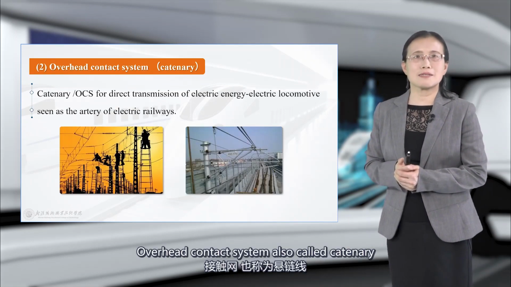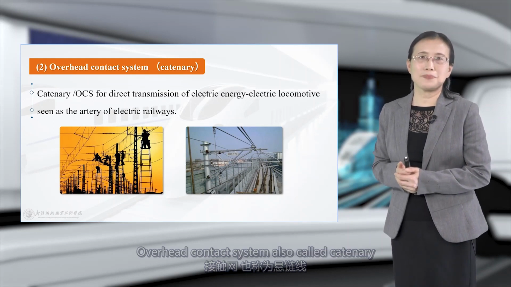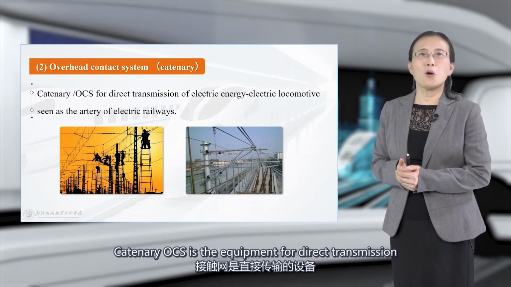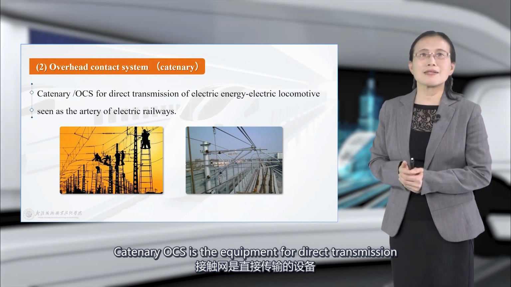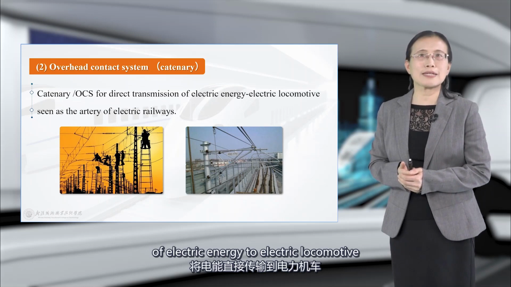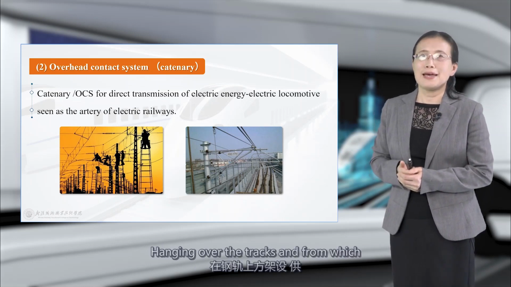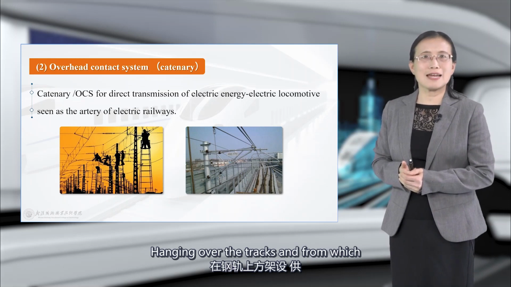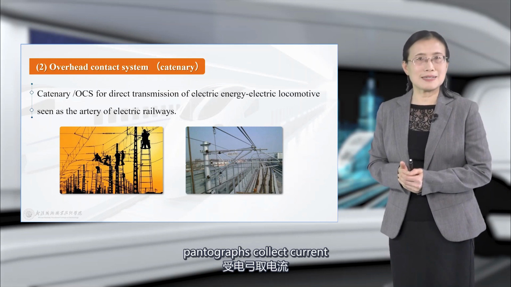Overhead contact system, also called catenary. Catenary, OCS, is the equipment for direct transmission of electric energy to electric locomotive, hanging over the tracks and from which pantographs collect current.